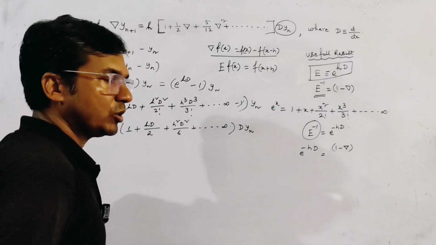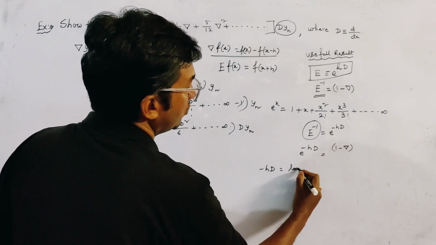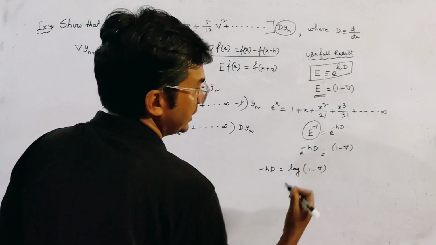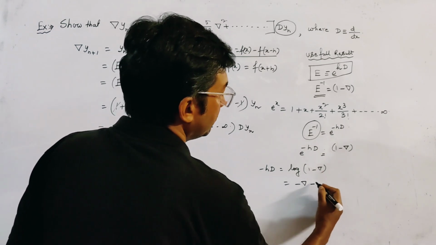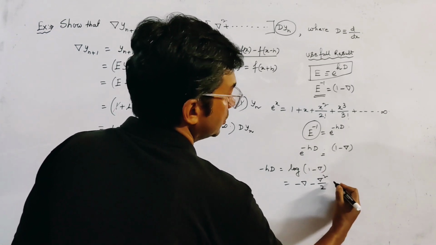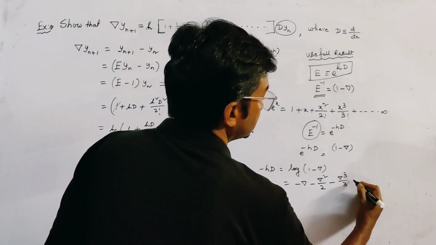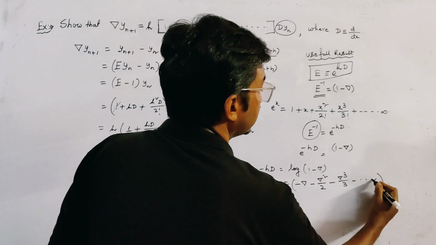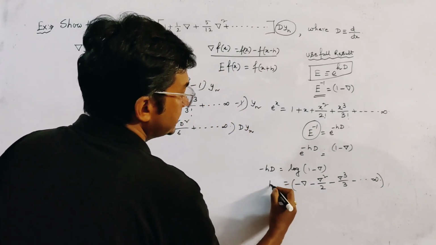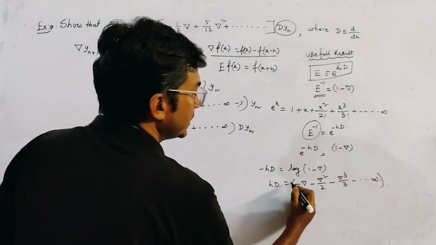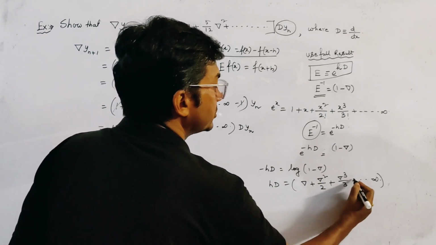Now taking logarithm on both sides, we get minus hD equals log of (1 minus nabla), and the series of log is minus nabla minus nabla square by 2 minus nabla cube by 3 and so on to infinity. So hD is given by nabla plus nabla square by 2 plus nabla cube by 3 and so on, all of them positive.